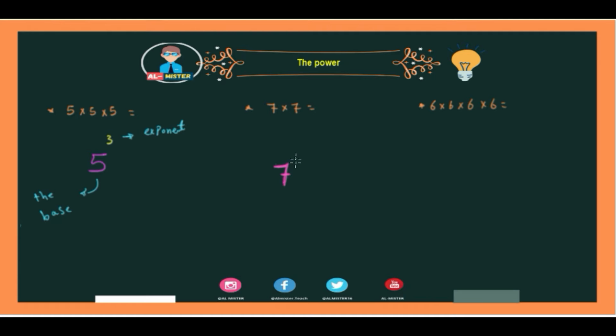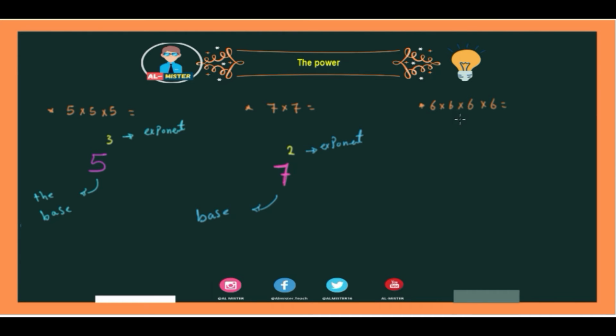It's repeated 2 times, so we write up of the number 7 a number 2, and the base of our expression is the number 7, and the number 2 here we call the exponent. And as I said before, the exponent tells us how many times we can use 7 in this example as a factor.